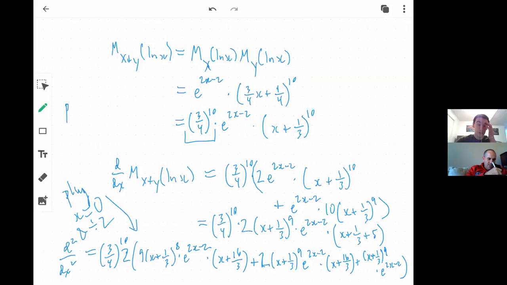So what's P2 going to be? 3/4 to the 10th times the quantity 9 times 1/3 to the 8th times e to the negative 2 times 16/3, plus 2 times 1/3 to the 9th, e to the negative 2 times 16/3, plus 1/3 to the 9th e to the negative 2.